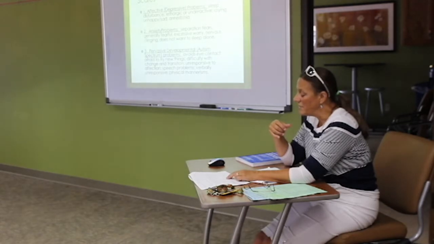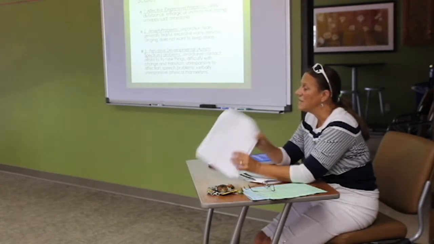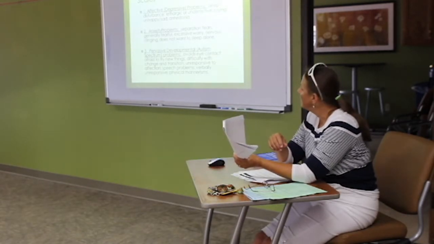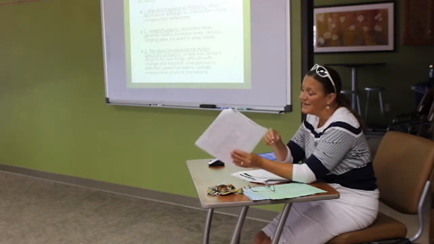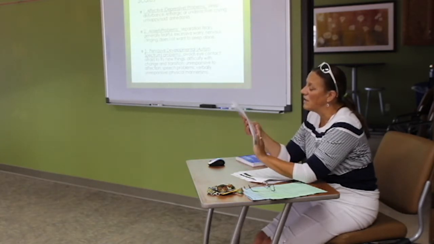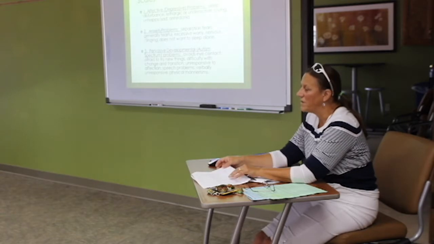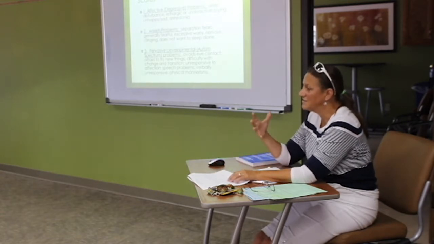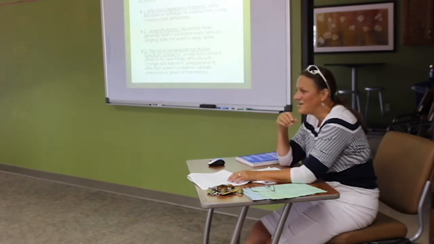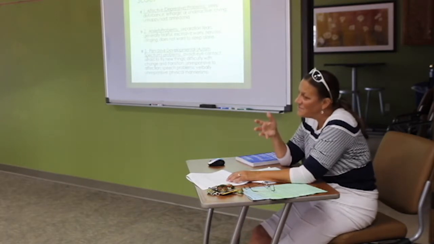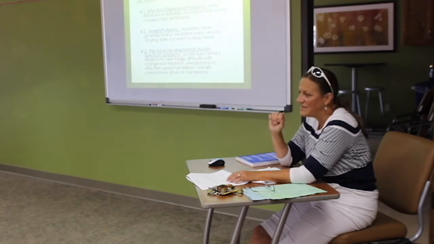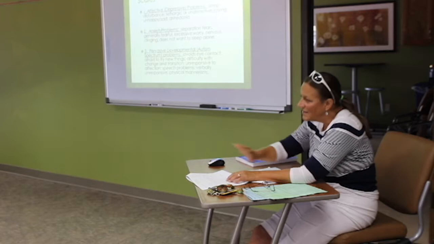Third, pervasive developmental problems. That's the title on here. I've seen it print out as autism spectrum problems. I would prefer that it printed out as pervasive developmental problems because parents see autism. Like, sometimes it fits, sometimes it doesn't fit. You know, a lot of times it's pulling on other factors.